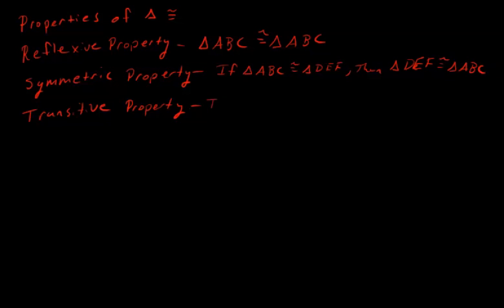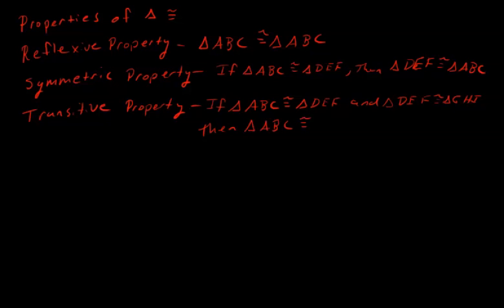And transitive property, if triangle ABC is congruent to triangle DEF, and triangle DEF is congruent to triangle GHI, then triangle ABC is congruent to triangle GHI.